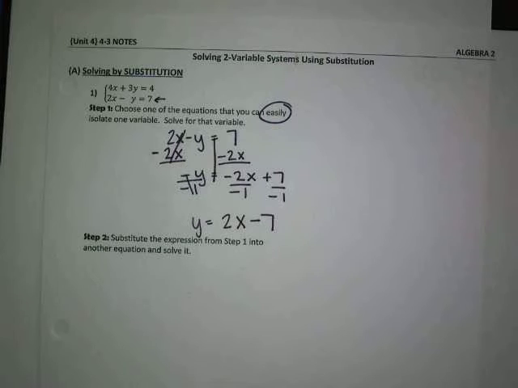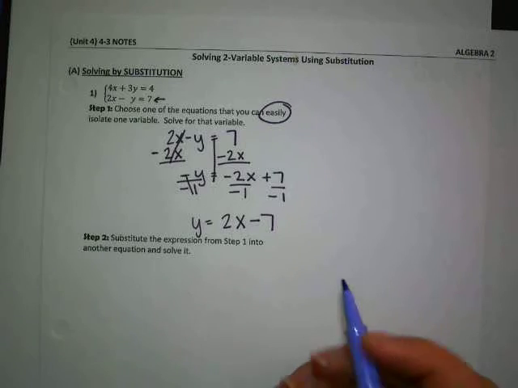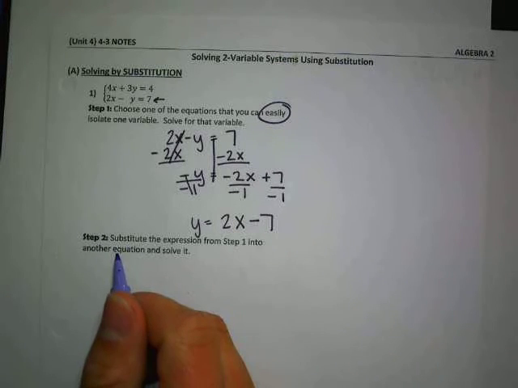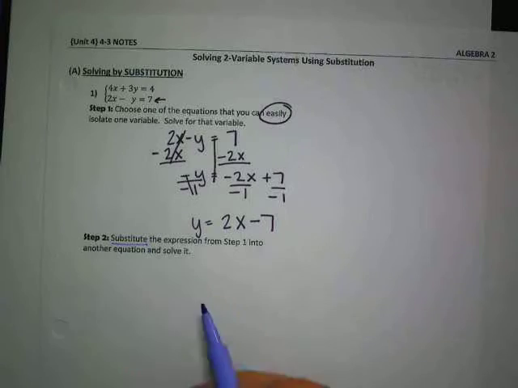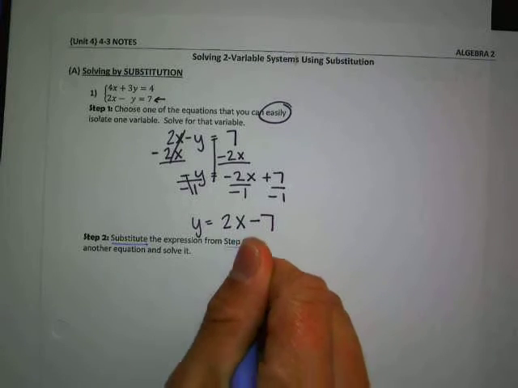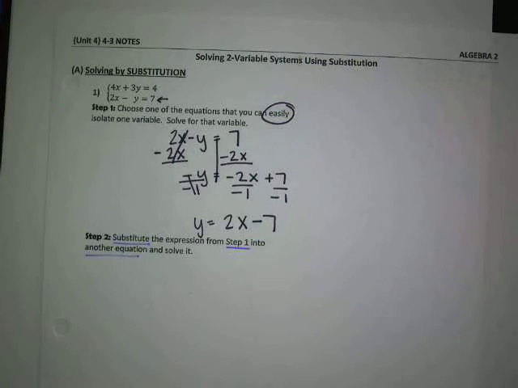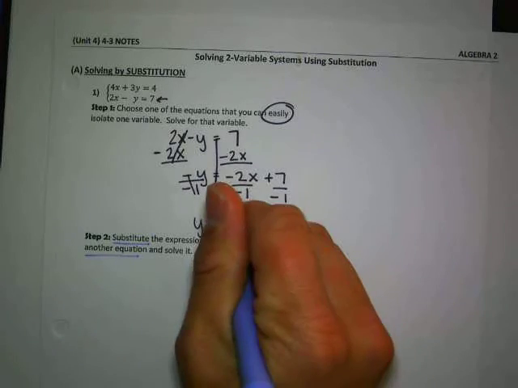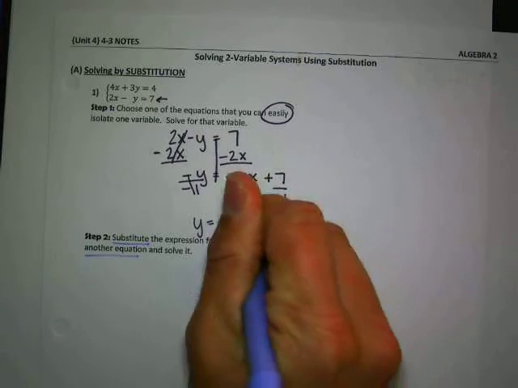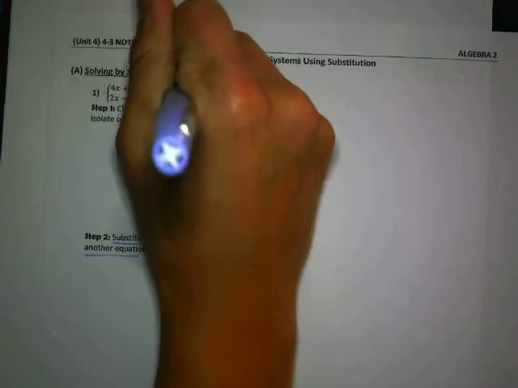All right, so that was the first step. For the second step, we are going to substitute the expression from step 1 into the other equation. So I'm going to substitute 2x minus 7 into the other equation.